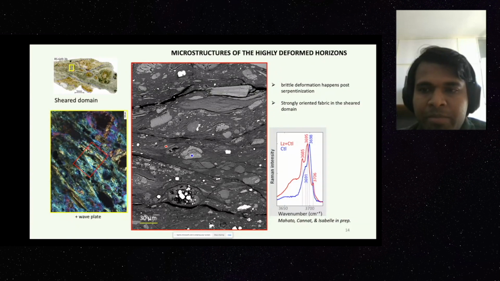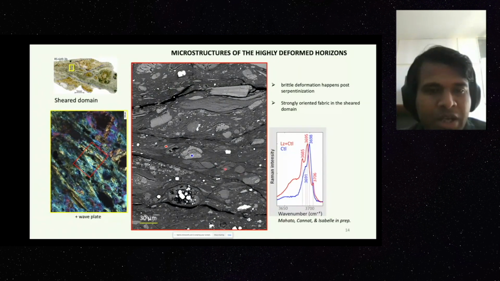And using a wave plate, we are able to see a strong crystallographic orientation of the fabric. And this zoomed area, which is a BSE image from here, shows that we have a sigmoidal clast like this.